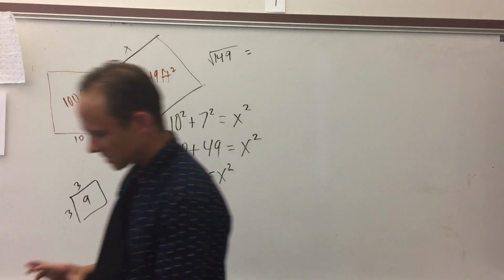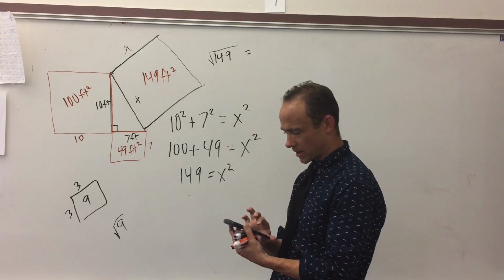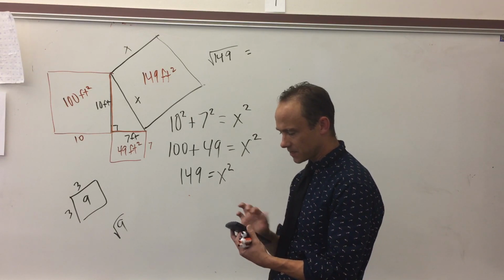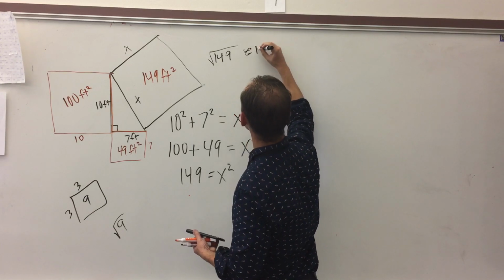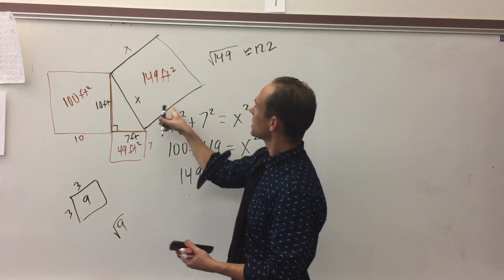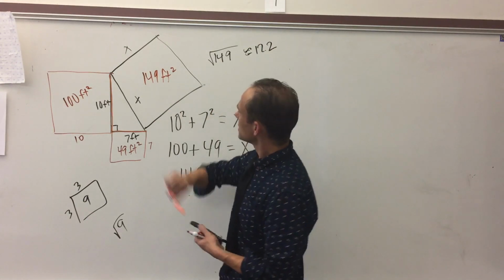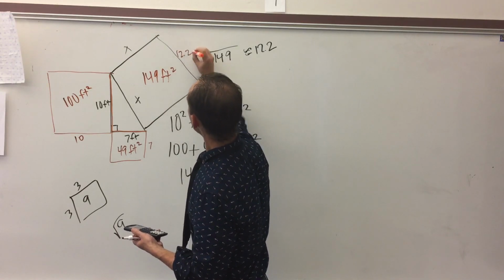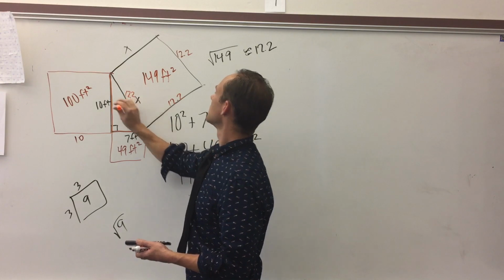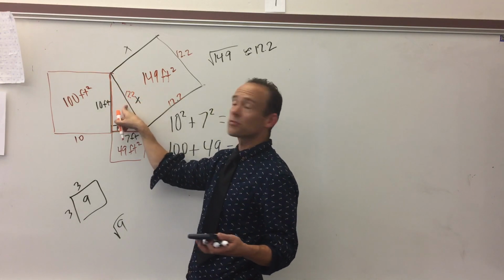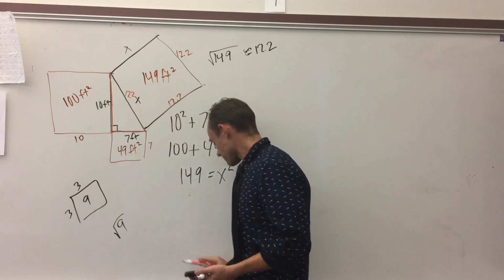So I'm going to do that for you right now. So we'll go 149, and it's 12.2, approximately. So I had to round, but that's 12.2. So that means this square is 12.2 by 12.2. And so the x is therefore equal to 12.2.